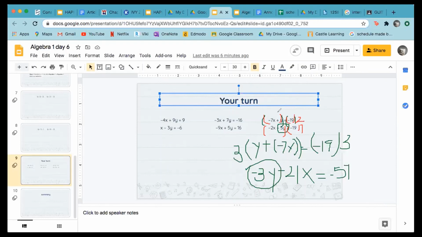It's just that you could still solve for y, but you would have to go through more numbers.